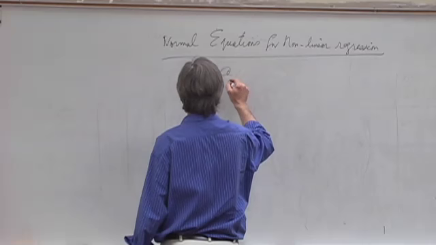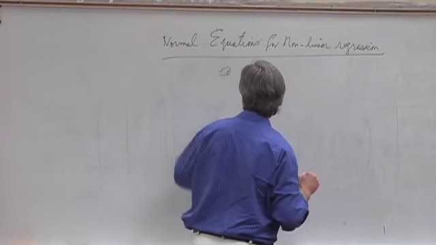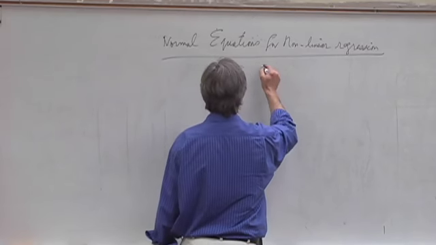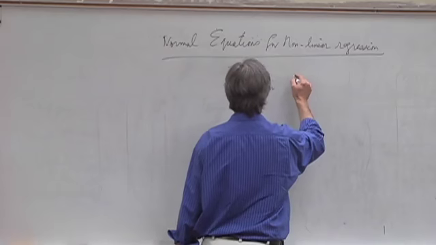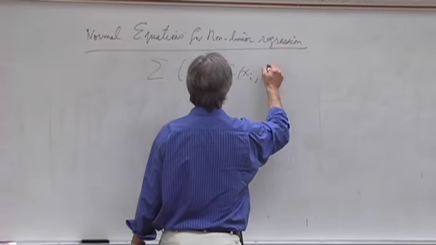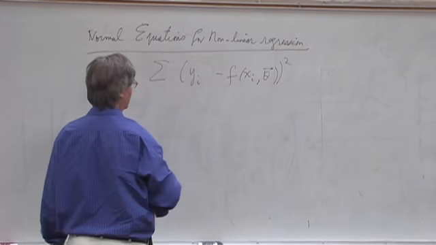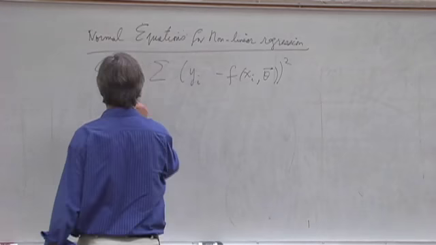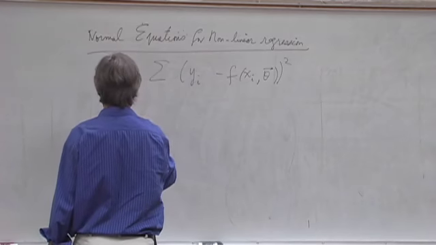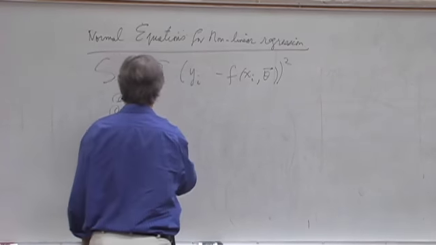Remember what it was? You take the S, which is the sum of the squares of the y minus the regression function, f of x i, theta. You square it, that's your S, and you try to minimize it. So you take the partial of S with respect to theta 1, the partial of S with respect to theta 2, and set each equal to 0. I'll just take 2 thetas, that's enough for now.